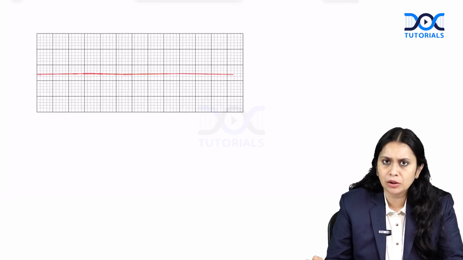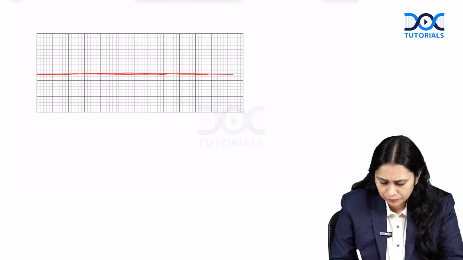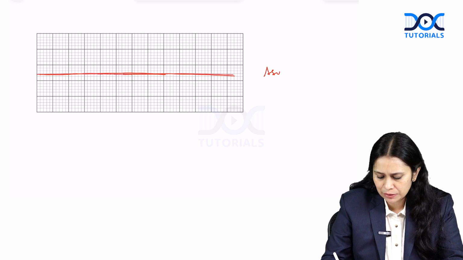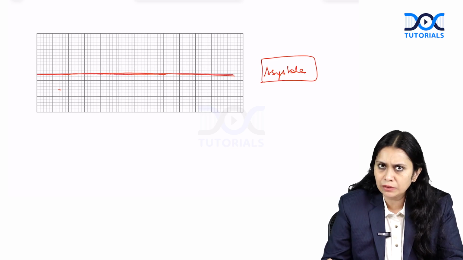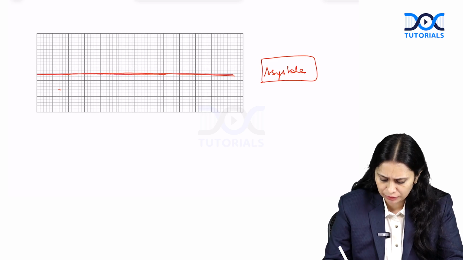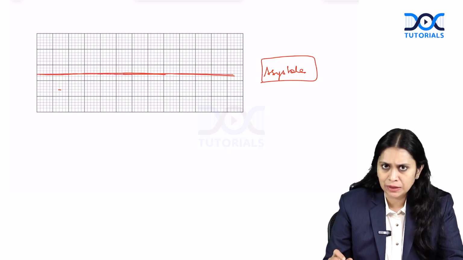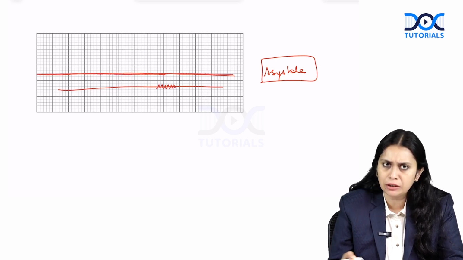Now, a straight line on the screen, nothing, just a straight line. This is asystole. Whenever we get a straight line, we try to increase the gain. We check whether the ECG leads are properly attached, and increase the gain to see whether it is really a straight line or maybe some fine ventricular fibrillation.